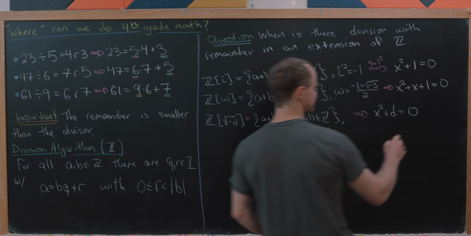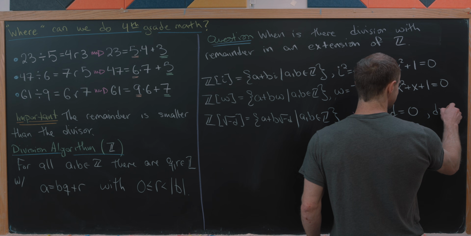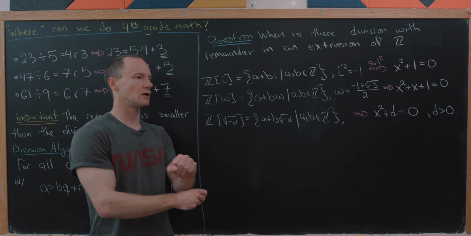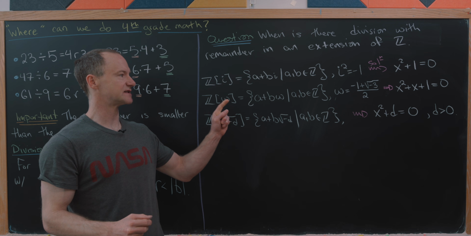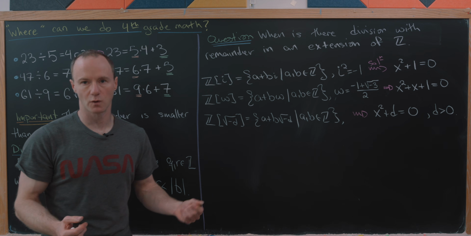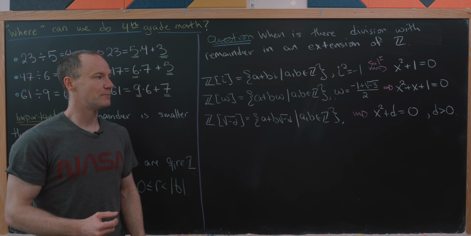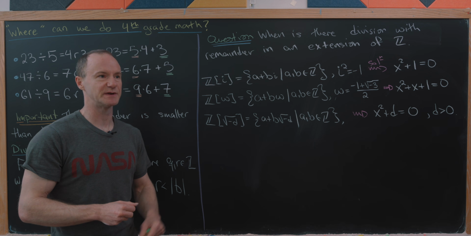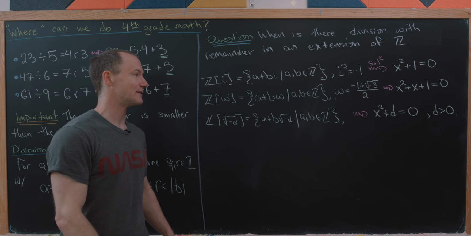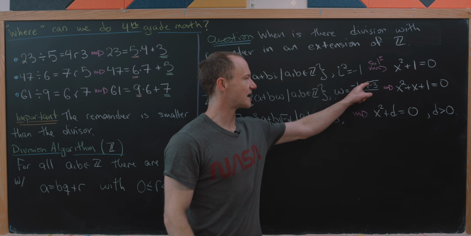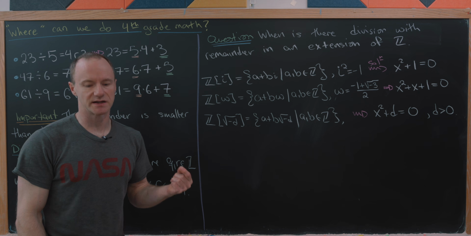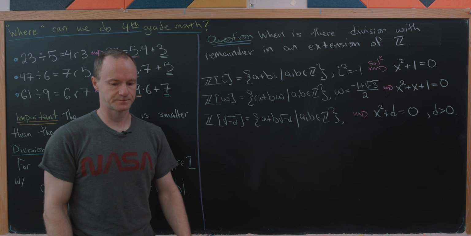And just for the purposes of right now, we're going to insist that d is bigger than 0. So that not only makes these all quadratic extensions because they are solutions to quadratic equations, but imaginary or complex quadratic extensions because you are extending by an imaginary number. Or in this case right here, you're extending by a complex number that has a non-zero imaginary part.